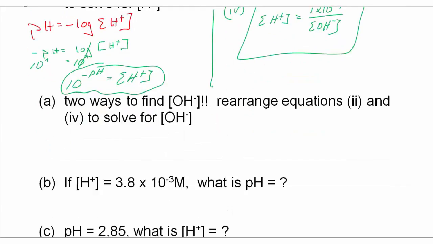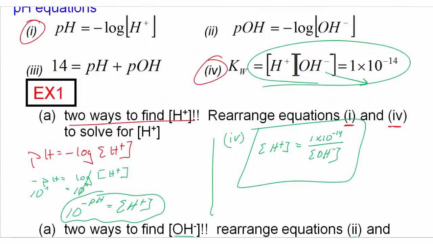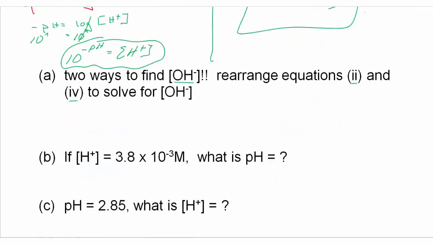Likewise, there's two ways to find the hydroxide concentration. Equations 2 and 4. Here's equation 2. pOH is the negative log of the hydroxide concentration. Bring the negative sign to the other side. We'll have a negative pOH equals the log of hydroxide.